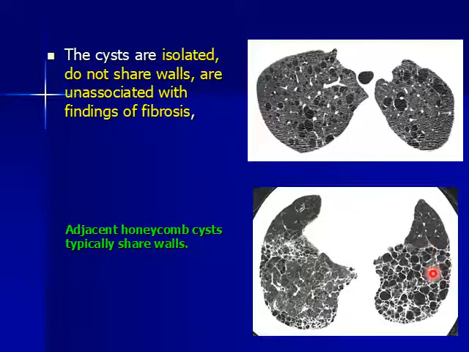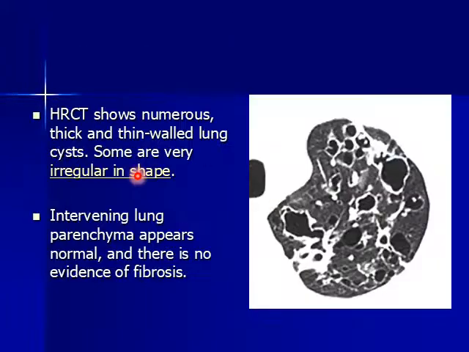Look for this. These are cysts sharing walls. This is honeycombing. But here, as you see, the cysts are separated by normal lung in between. Sometimes they may be bizarre and irregular in shape, but the intervening lung parenchyma appears normal and there is no evidence of fibrosis.